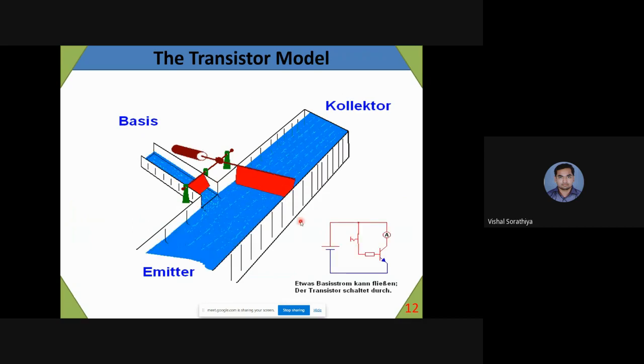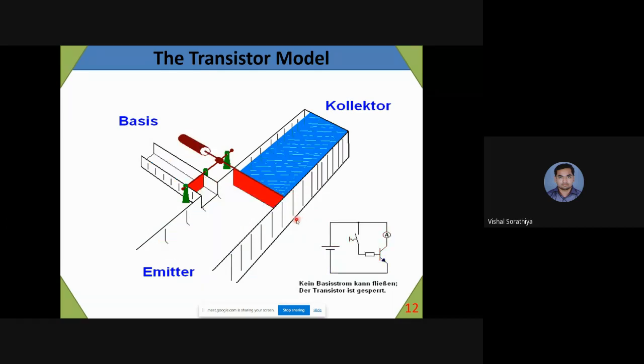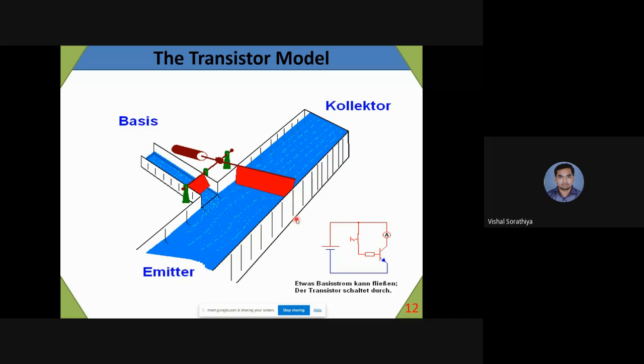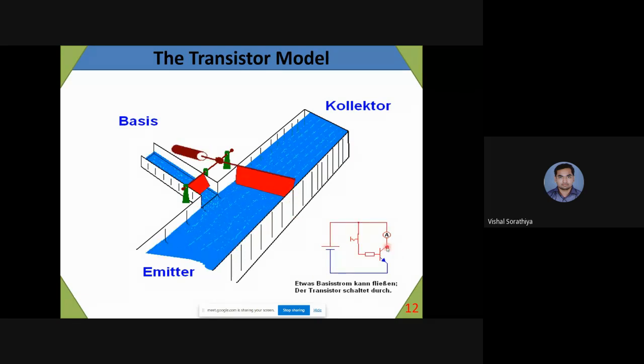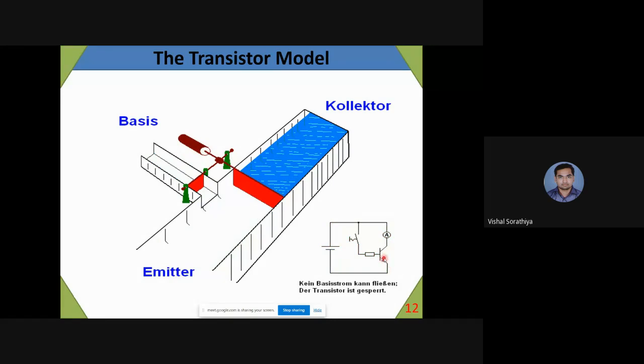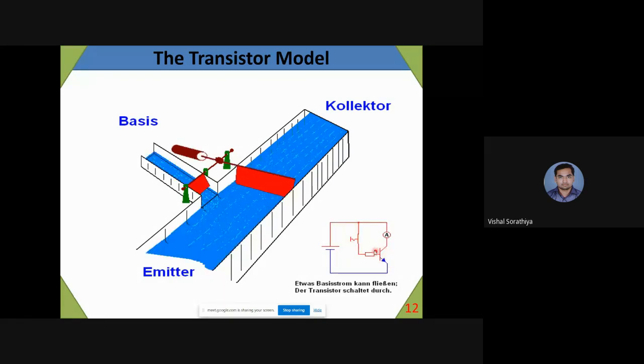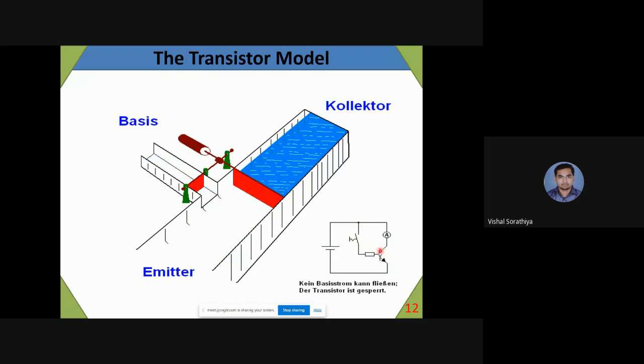Okay, so this is one example we have. You can see that base is applied to the power supply. There are emitter, base and collector terminals, and it is an NPN transistor.